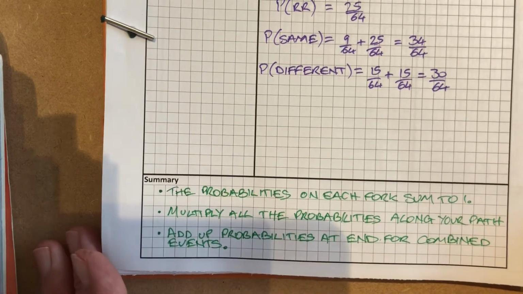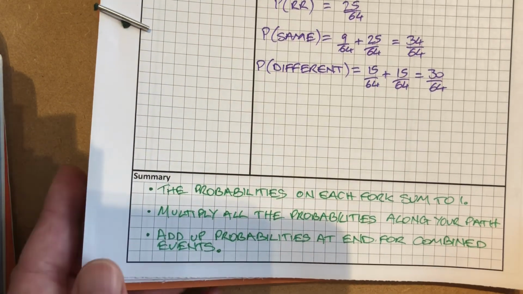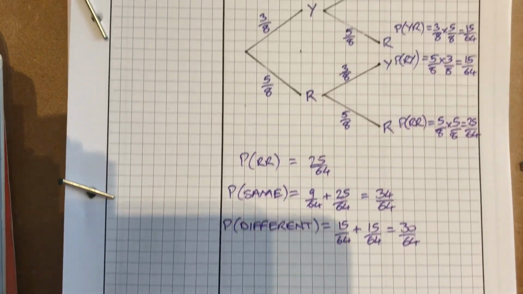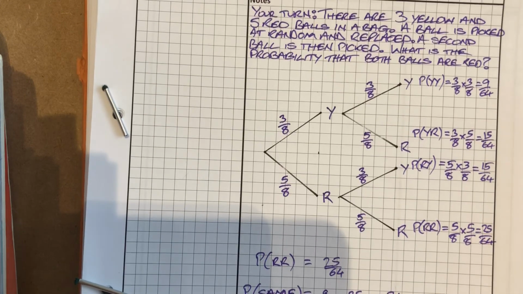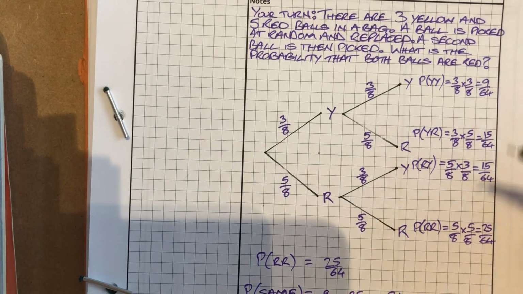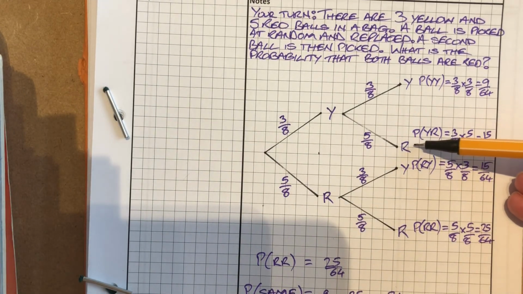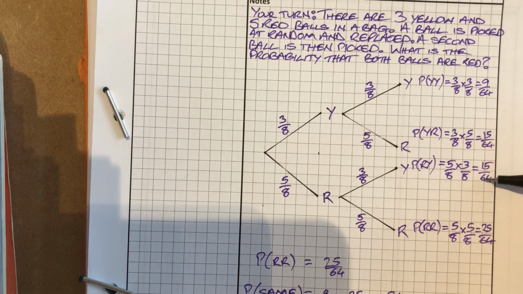So if I say to you, what is the probability that the balls are different in colour, or I say, what is the probability you get 1 red and 1 yellow, that means that you end up here or here, so we have to add those 2 probabilities together.